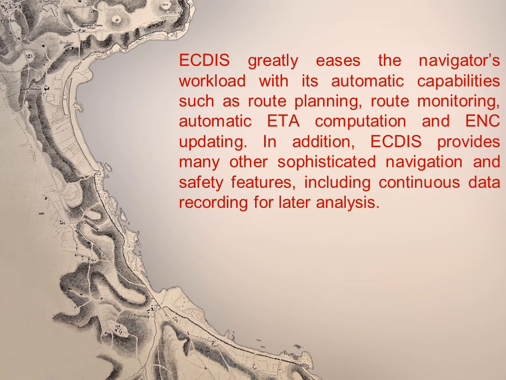This greatly eases the navigator's workload with its automatic capabilities such as route planning, route monitoring, automatic ETA computation, and ENC updating. So one of the features of the ECDIS is that it is easy to use, because if you have to look for a chart, you enter only the number, and of course it displays the electronic chart.